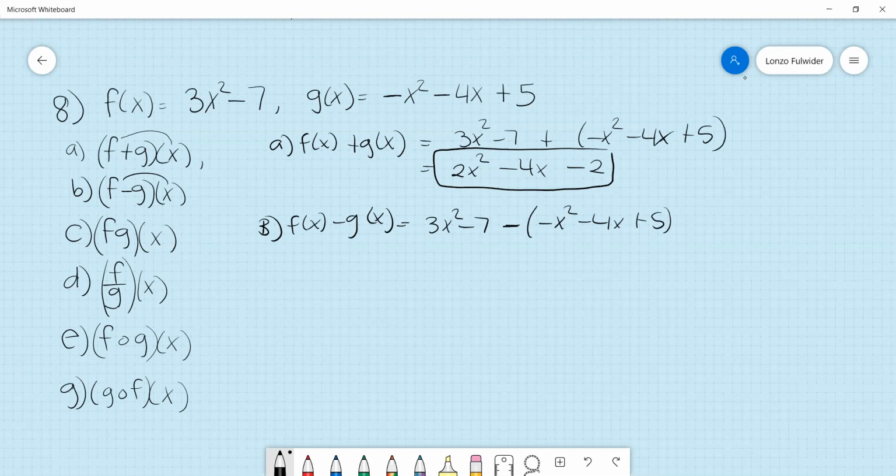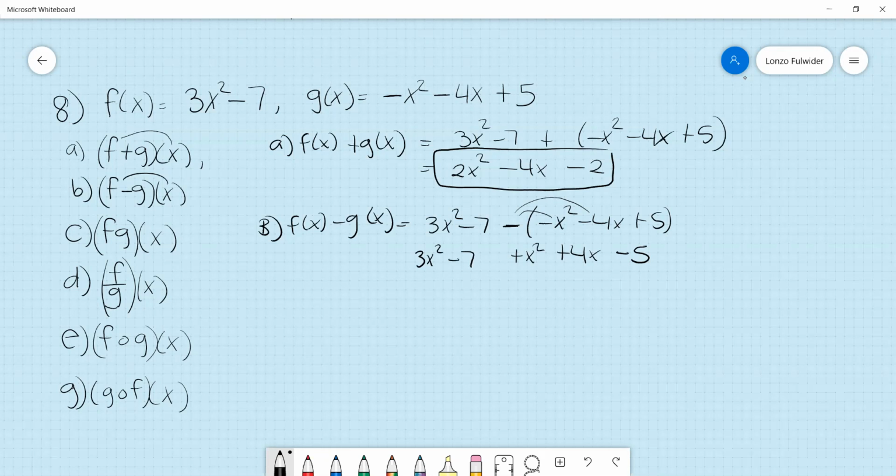When you distribute this negative, this is going to be positive x squared, positive 4x, and -5. Then just bring the 3x squared minus 7 down.